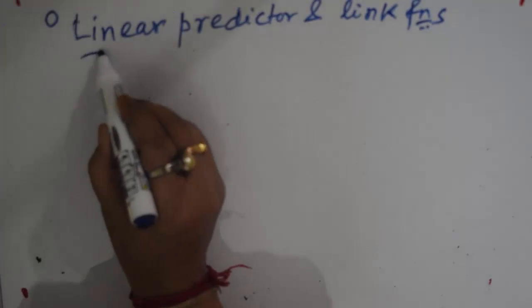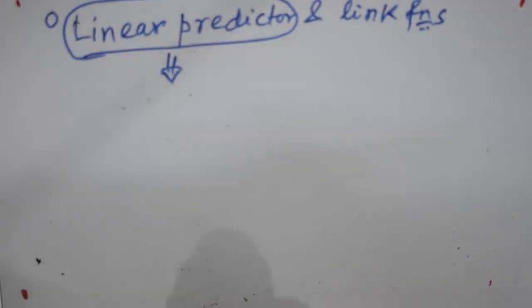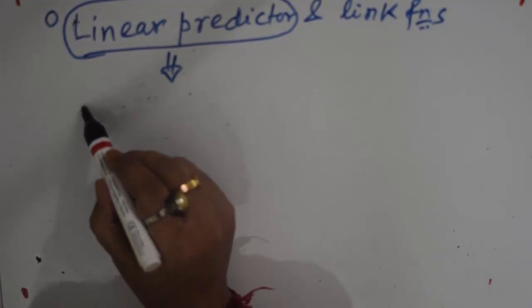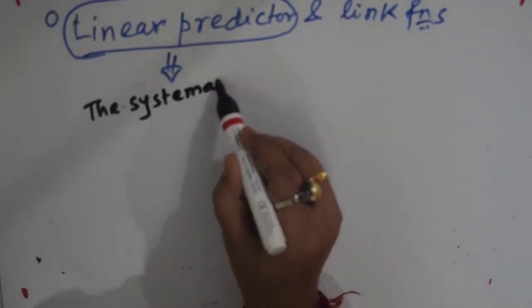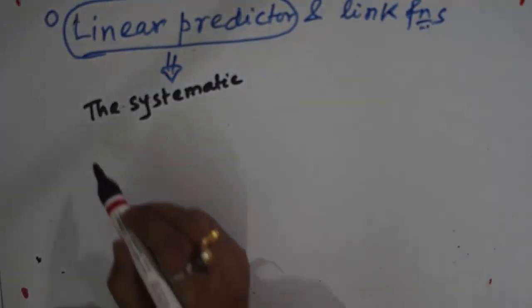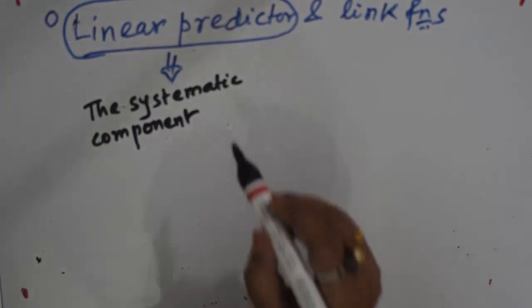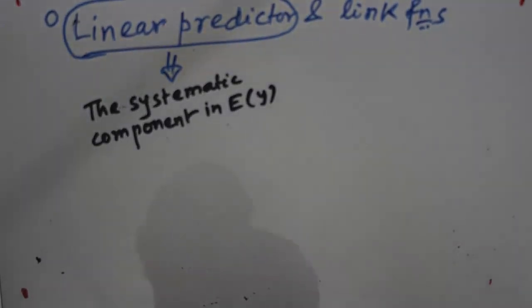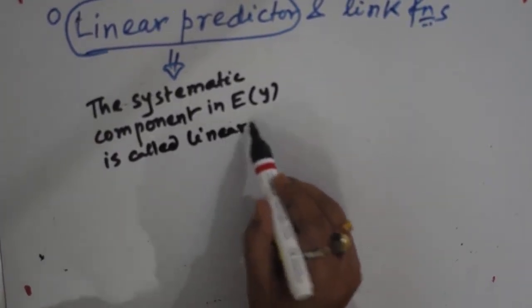Linear predictor means the systematic component in expectation of y is called linear predictor.